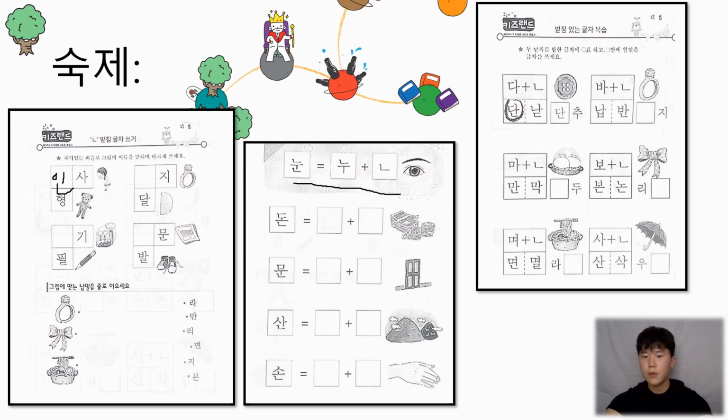For example, over here in this question it says 단추, right? So you have to circle 단 and then write 단 right here, like that, and that becomes 단추. And do the same for the other 5 questions.